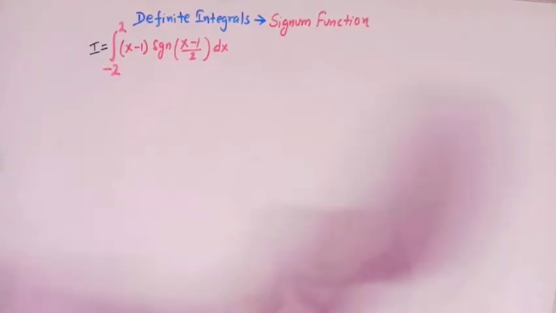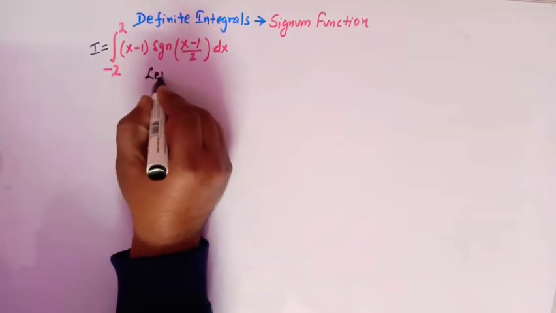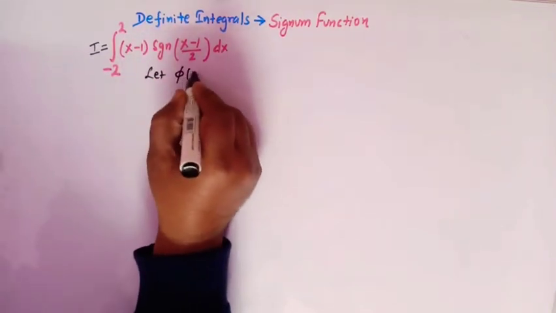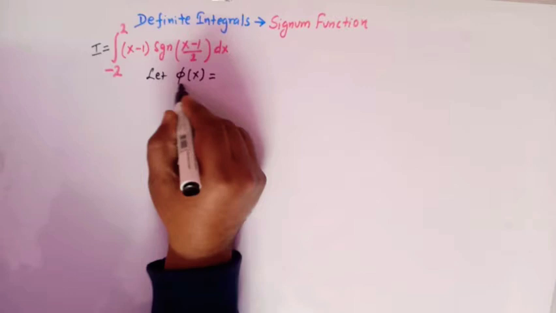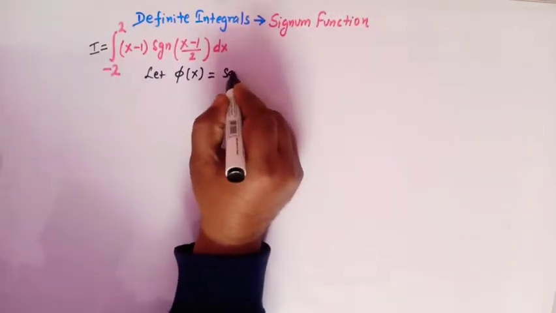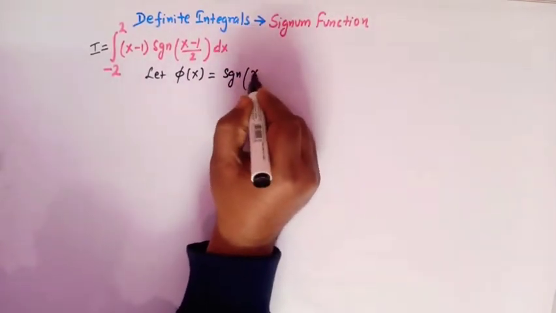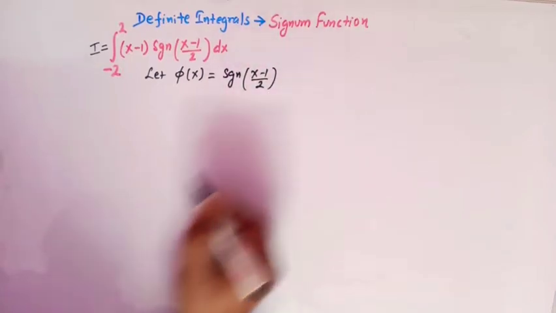Now let us first assume that the function phi of x is equal to signum of x minus 1 over 2.